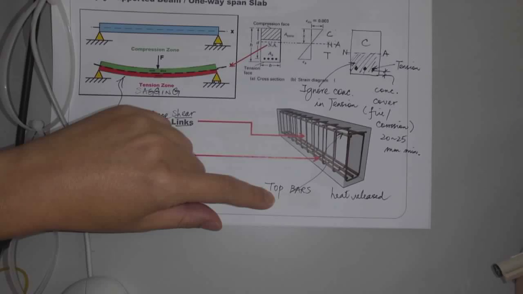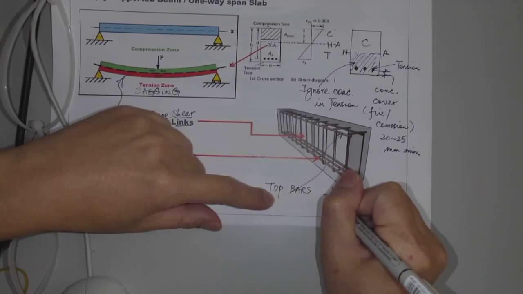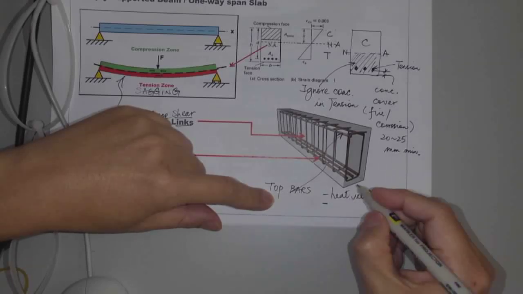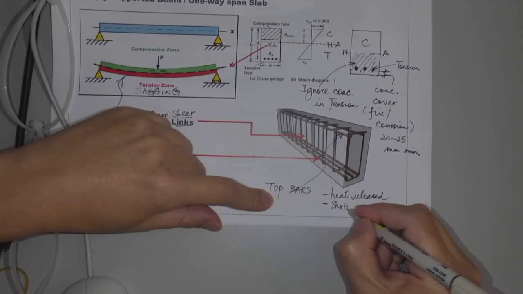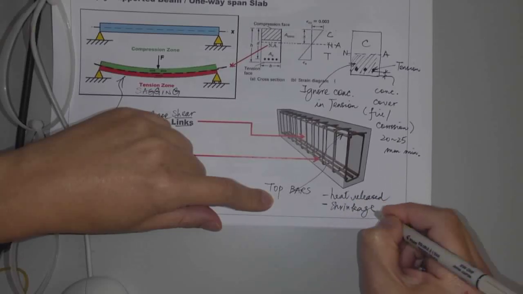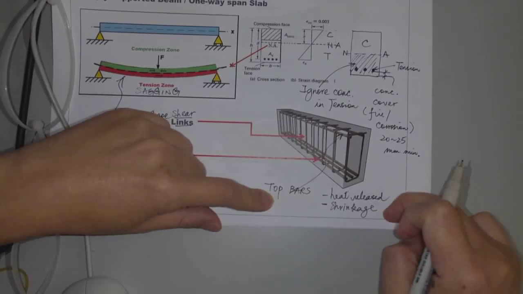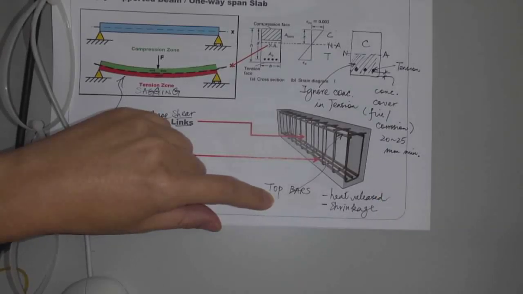That's the first thing. The second thing, when it hardens, shrinkage. 水會流失㗎嘛，收水嘛，俗稱 shrinkage. Those two things are happening at the same time during the hardening stage.